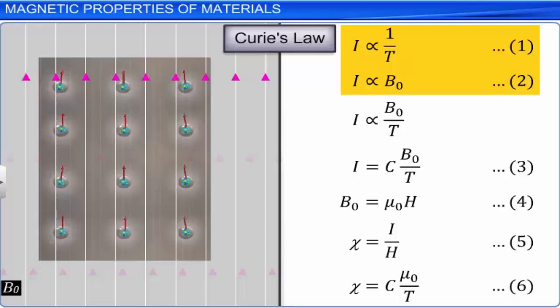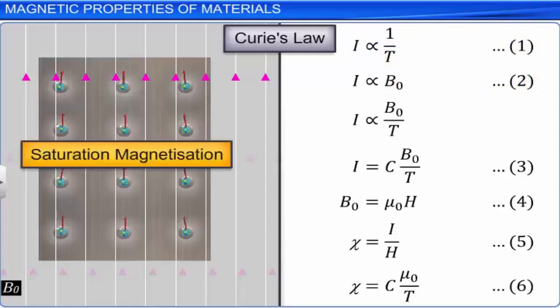At this magnetization, all the atomic dipoles are aligned in the same direction of the magnetic field. This value of magnetization is known as saturation value and is represented as IS. Beyond this value, Curie's law is not applicable.